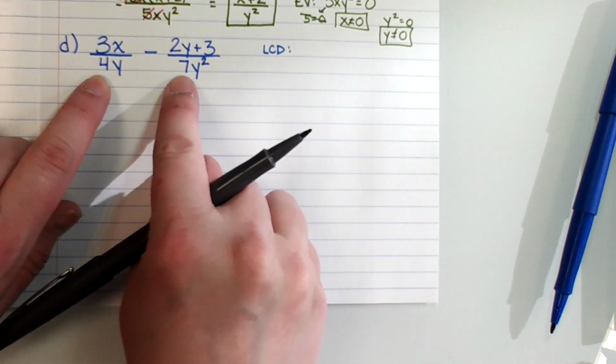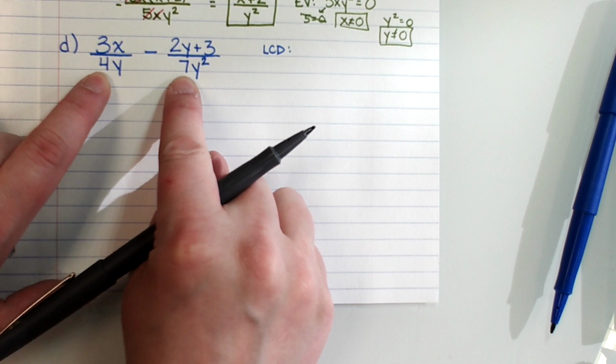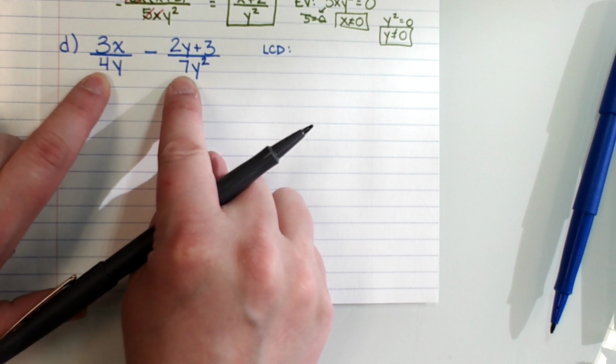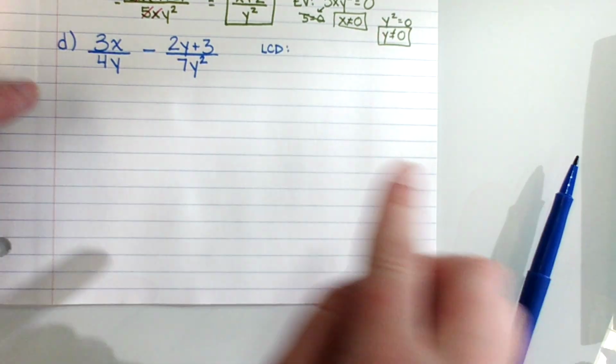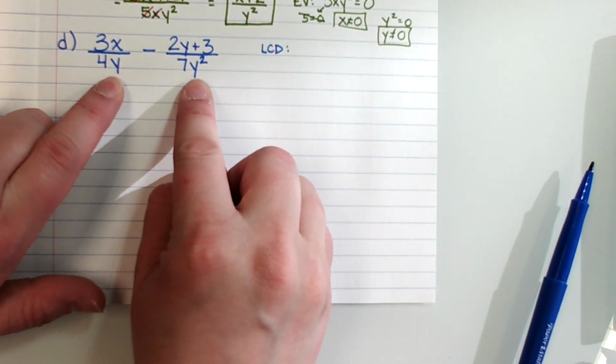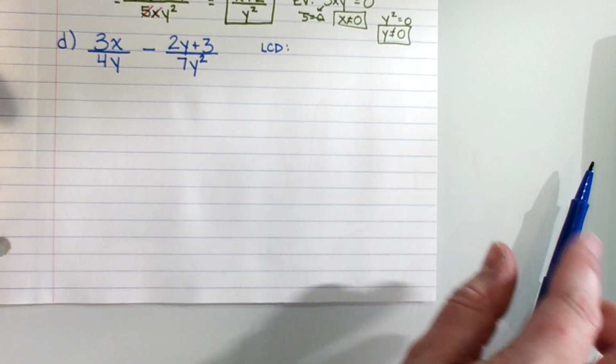I start by looking at the numbers. 4 and 7. Do they have any common factors other than 1? Do they have anything common that divides out of them, in other words? No. Which means my LCD needs both of them. Y and y squared, do they have anything common that would divide out of them? A y.